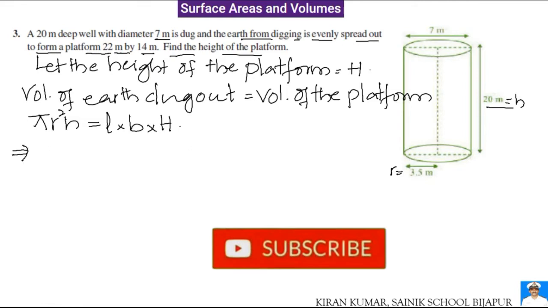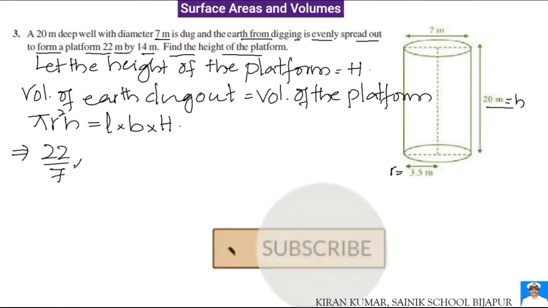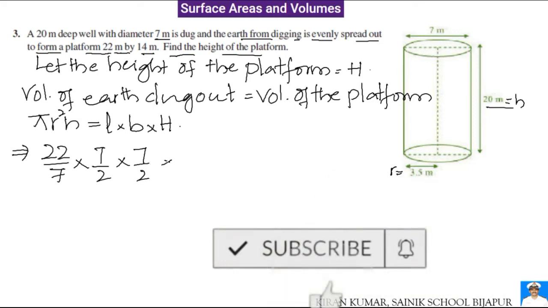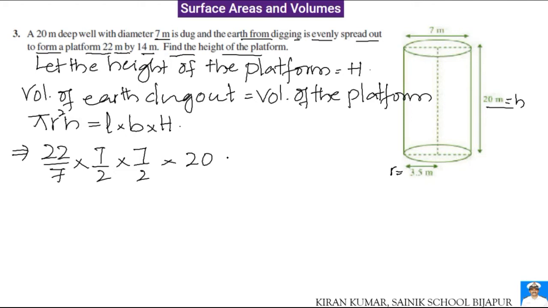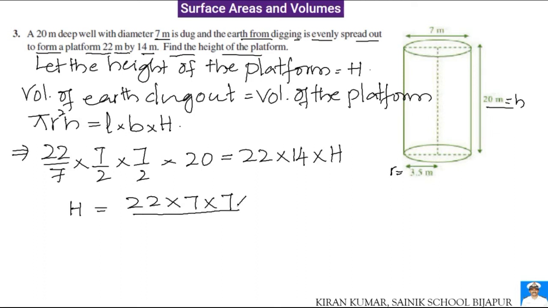Pi value, I'll take it as 22 upon 7 into radius is 7 by 2 into 7 by 2 into the height of the cylinder is 20, which is equal to 22 into 14 into capital letter H. So I need to find capital letter H. This will be equal to 22 into 7 into 7 into 20 divided by 2 into 2 into 22 into 14.